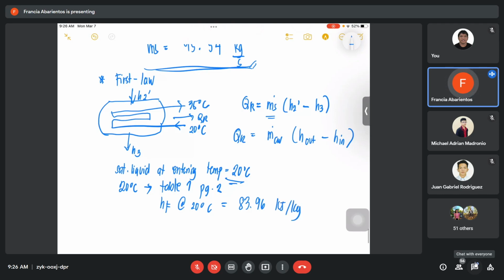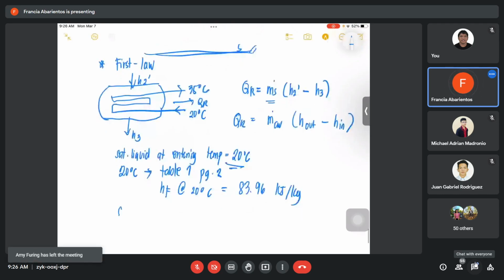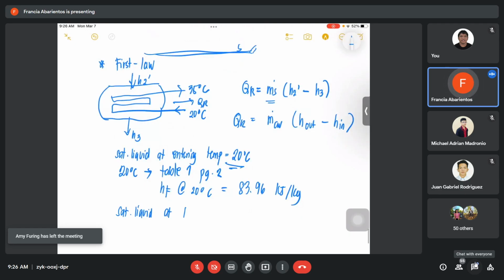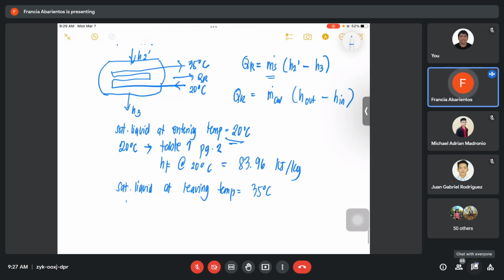And also the saturated liquid at the leaving temperature, which is equal to 35 degrees. Same page, Table 1, page 2. We have HF at 35. That is 146.68 kilojoule per kilogram.